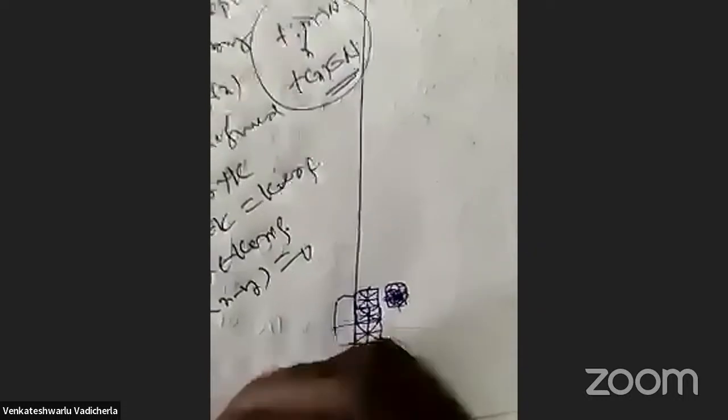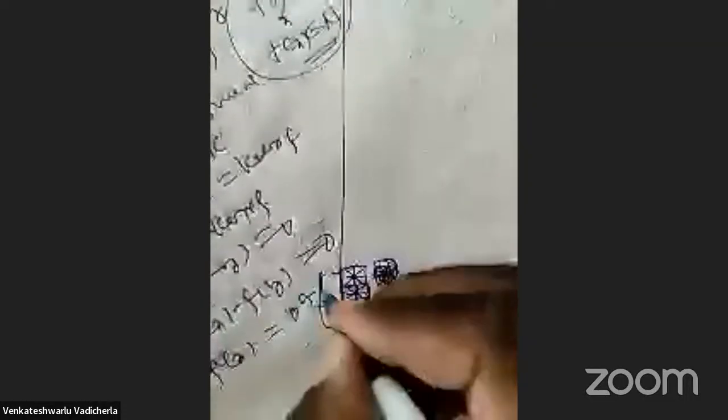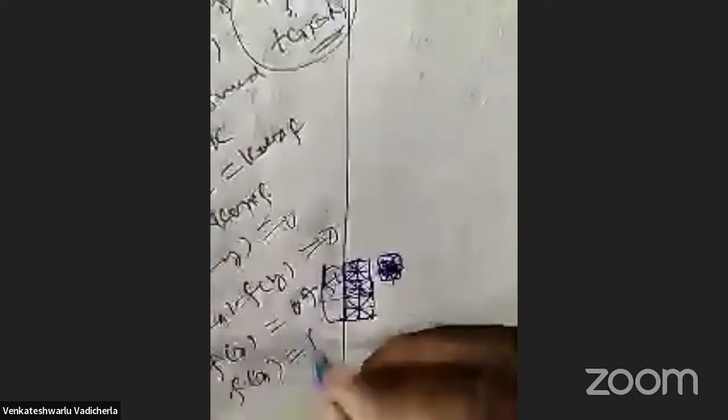Since f is a homomorphism, f of x minus f of y is equal to 0. So f of x is equal to 0 plus f of y, that is f of x is equal to f of y.